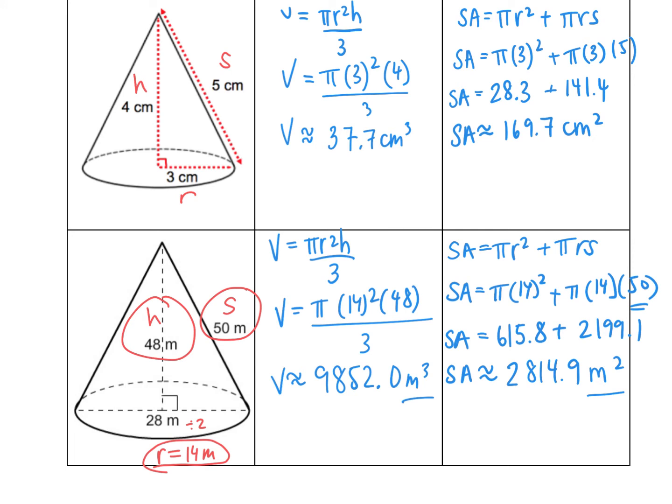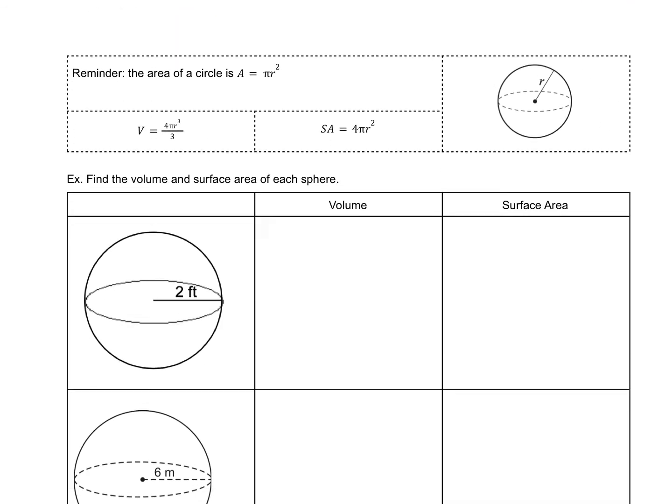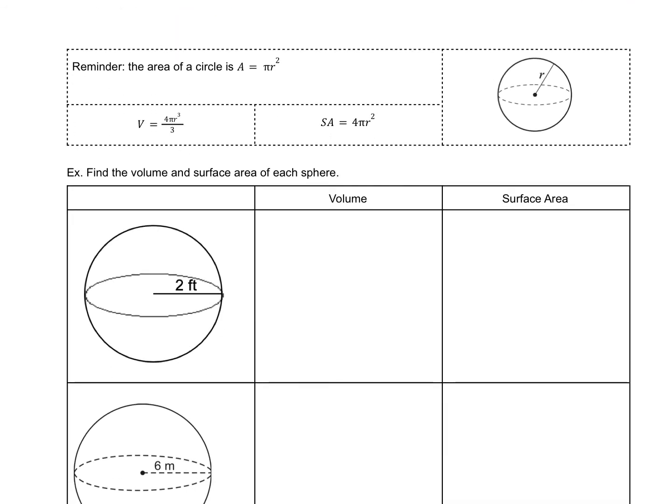All right. The last set of formulas is for a sphere. What's nice about the sphere is you only need the radius. So the volume is 4 pi r cubed divided by 3, and the surface area is 4 pi r squared. Just the radius is needed. You plug it in and simplify. So let's begin with our first example.